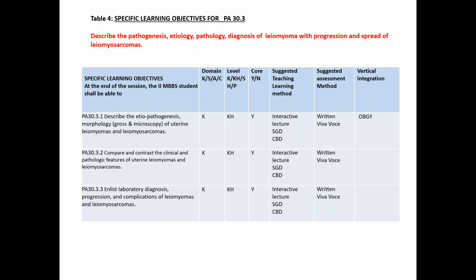Sure. How much leiomyosarcoma are we going to pick for undergraduates? But all these years, I think we have been teaching it. This is the only sarcoma in the female genital tract that we have been teaching, along with carcinoma cervix, and that is why I think it has come up in the competency.